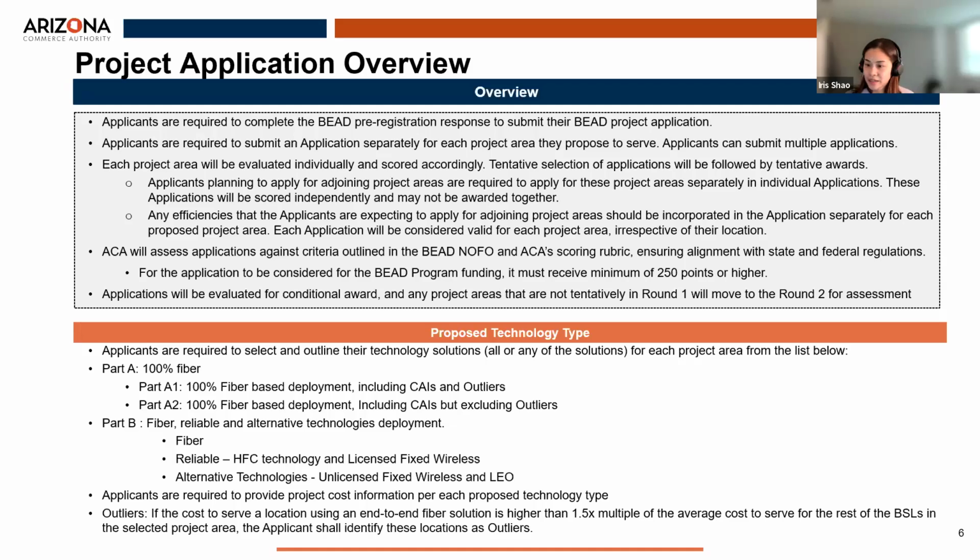Thanks, Kelly. All right, let's talk about the project application. Before we dive into each section, I wanted to provide an overview and highlight some key requirements. First and foremost, you have to have your pre-registration application submitted and approved by ACA before you can access the financial information on project areas, which will be available on January 6th.